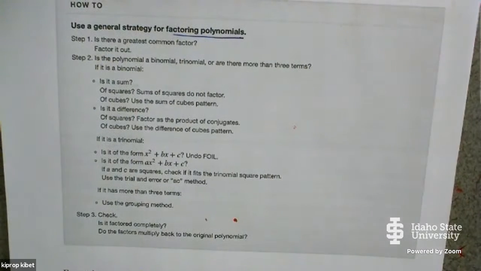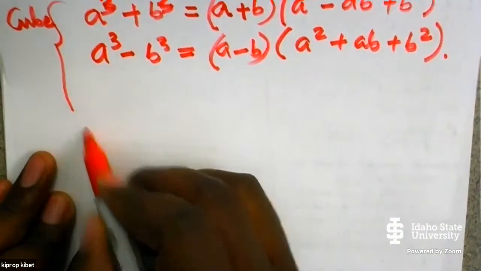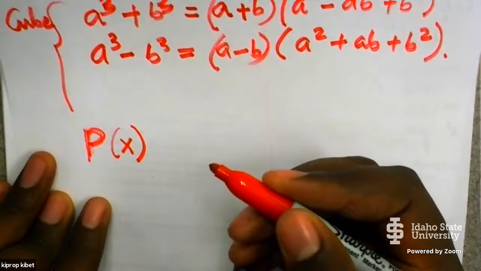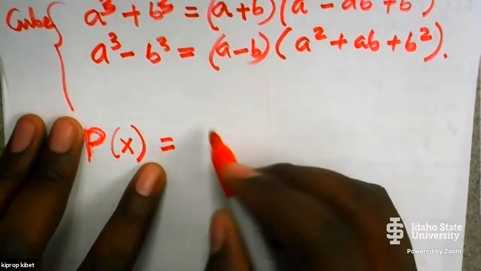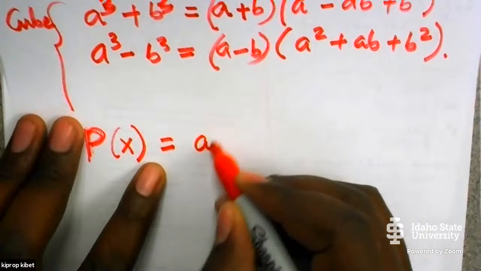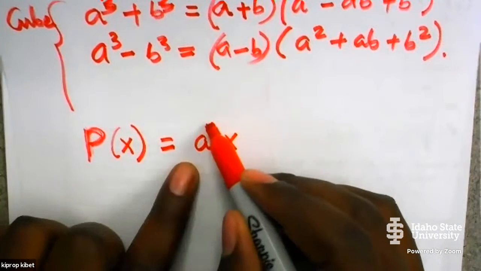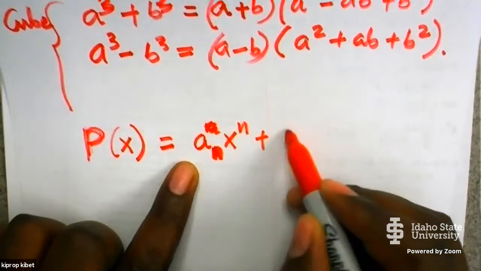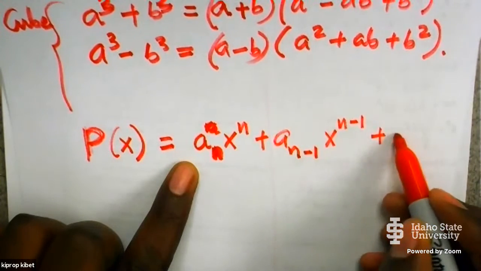So a polynomial is of the form, when we talk of a polynomial, most of the time we write it as, let's say, p of x equals a_n x^n plus a_(n-1) x^(n-1) plus and so on.